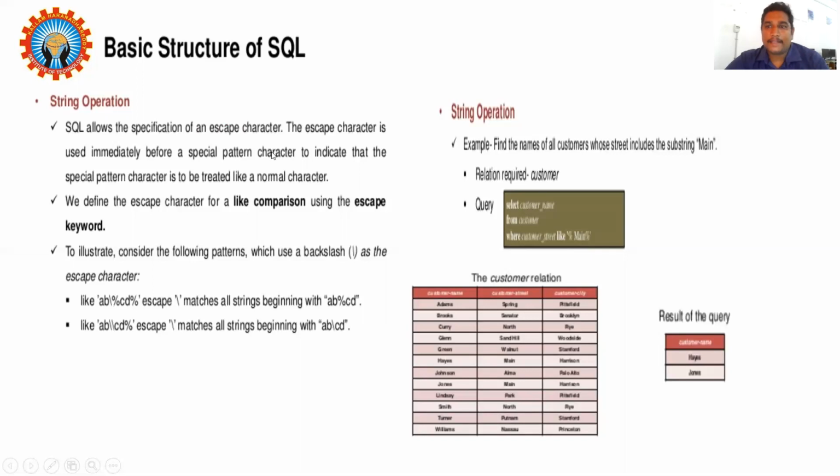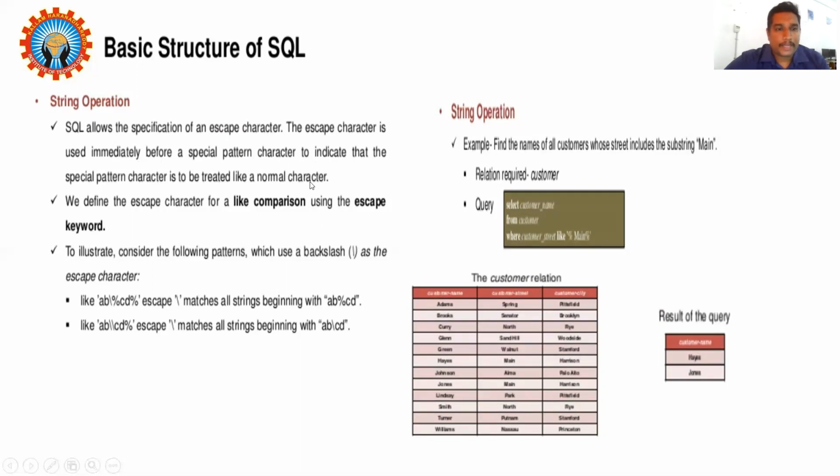Like is a keyword, and we use a particular operator, percentage or backslash, to omit the particular escape character. The escape character is used immediately before a special pattern character to indicate that the special pattern character is to be treated like a normal character.